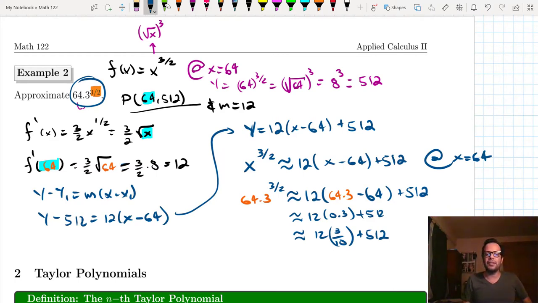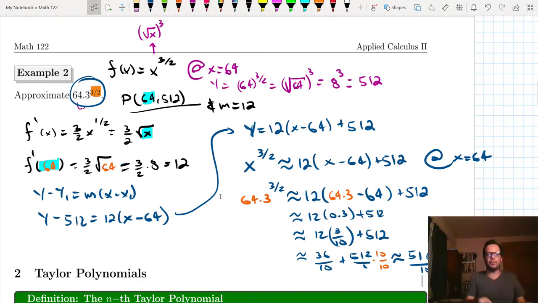So we are going to get 36 divided by 10 plus 512 divided by 1, and then find an LCD, multiply, divide by 10 to get, approximately, after simplifying this, 5156 over 10.